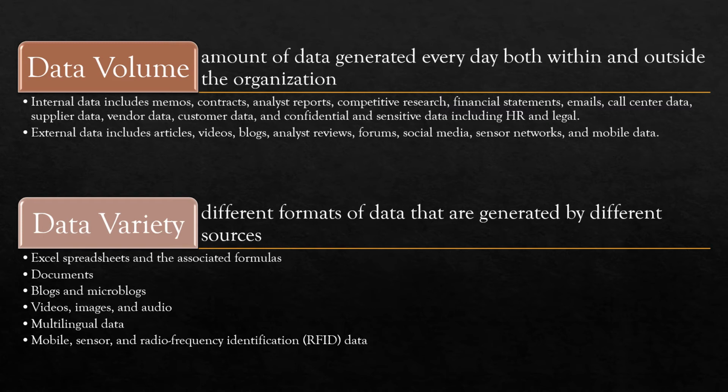For data variety, you already know variety means different formats, same as in data processing. Data variety is the different formats of data generated by different sources. For example, Excel spreadsheets and the associated formulas, documents, blogs and microblogs, videos, images, audio, multilingual data, mobile sensors, and so on.